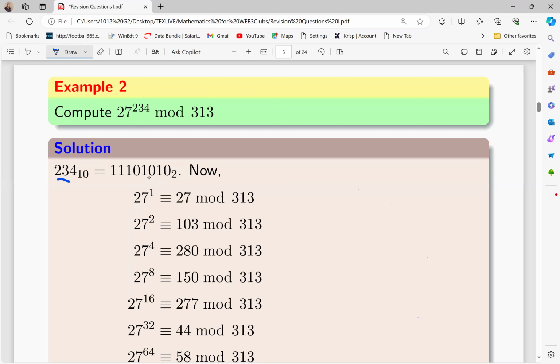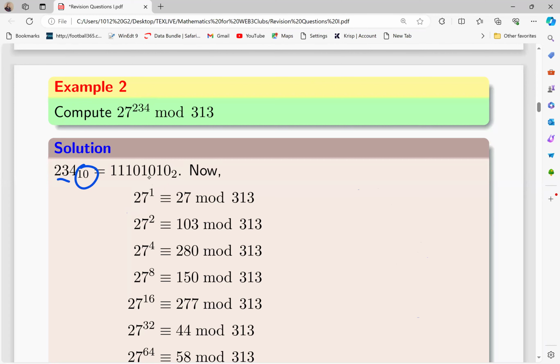This base here means decimal, a denary number, base 10. When you convert to binary, that's why I've written 2 as the base. To convert a number from base 10 to another base, you divide by the new base and note the remainder.